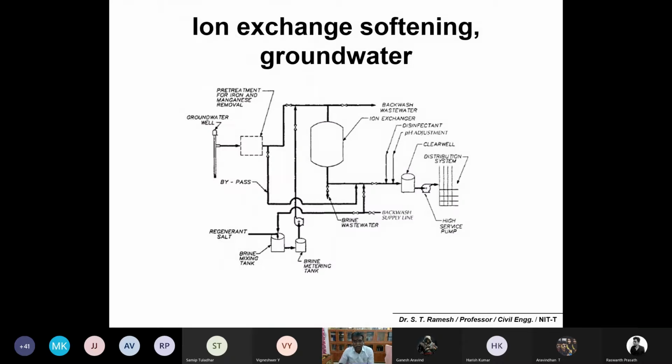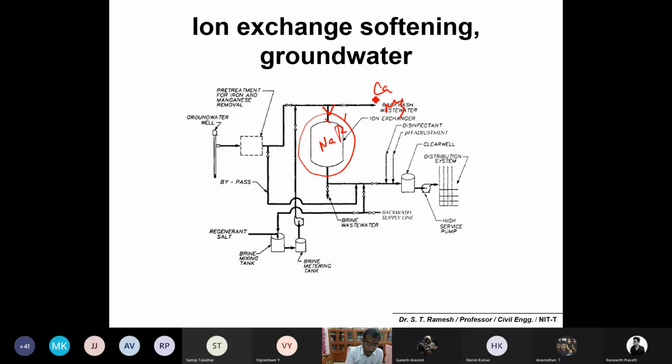This is your ion exchange softening. This also, I guess, we have discussed in the treatment chain. It's very easy. You need not have any aeration, any contact tank, or any lime softening treatment plant. You can directly have a column with ion exchange resins. Resins may be sodium resins, and the water comes in with a lot of calcium and magnesium.